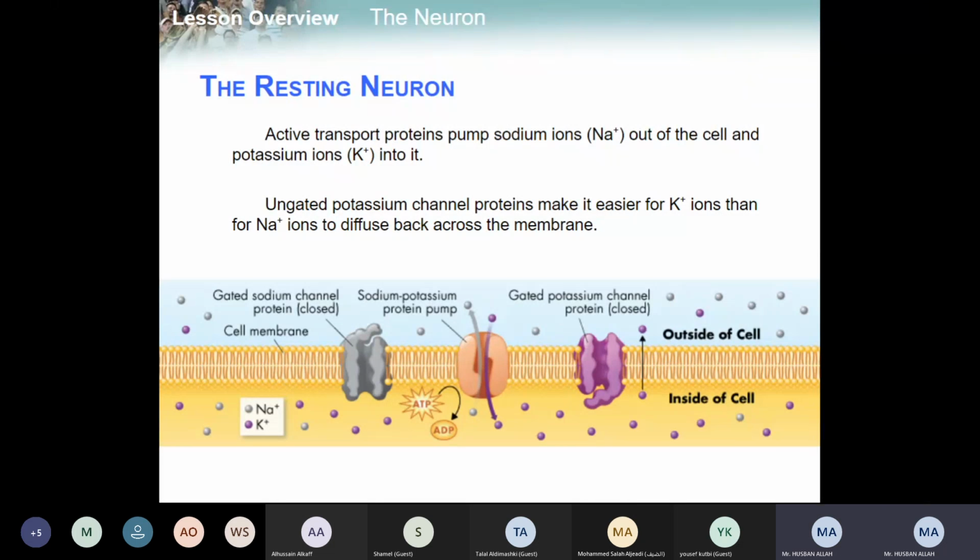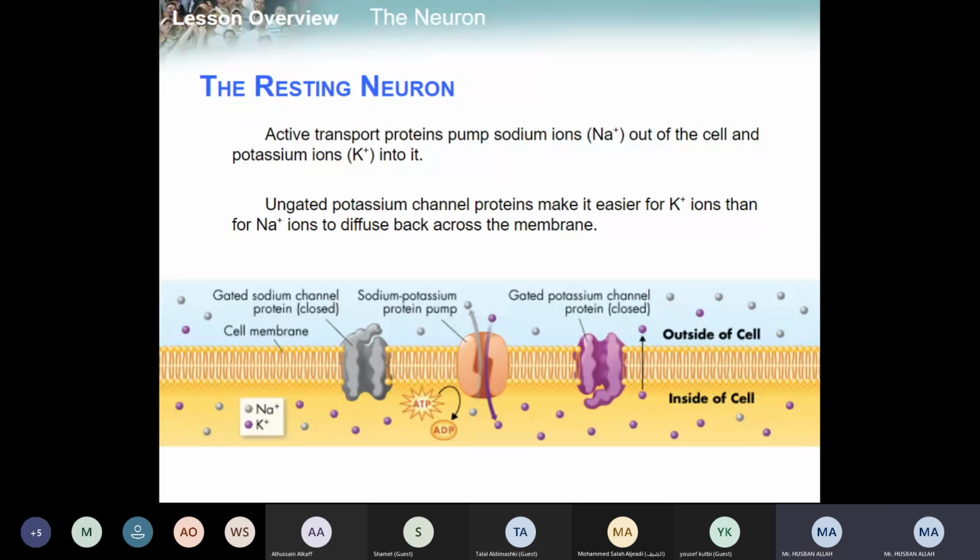Active transport means that the protein pump or protein bridge present in the cell membrane of the neuron needs energy, right? A passive pump does not need energy, but active transport always requires energy.